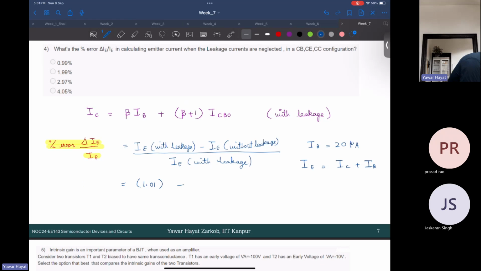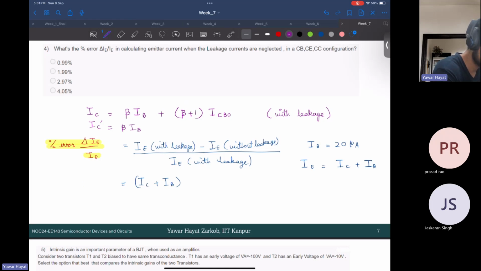Just a second. We can in fact simplify the matters for us. Let's write this IC plus IB, because IC is the with leakage, this one. And let's consider IC dash as beta times IB, which would be the without leakage collector current.